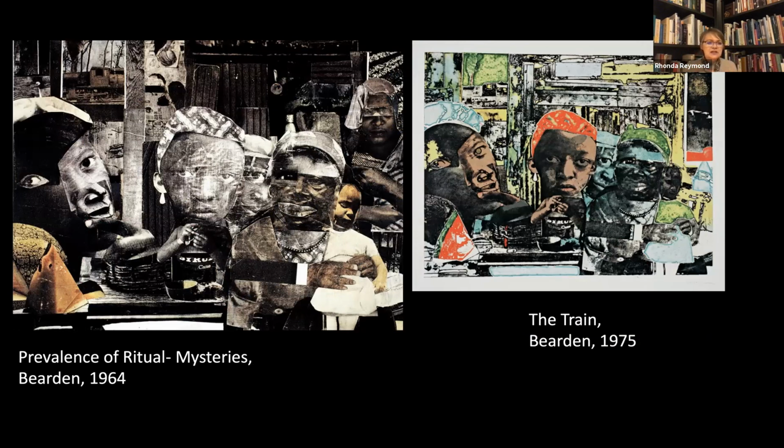And then in '63, he forms with some of his friends, and especially Norman Lewis and several other people, a group called Spiral. And Spiral is the idea of spiraling ever upward and outward.